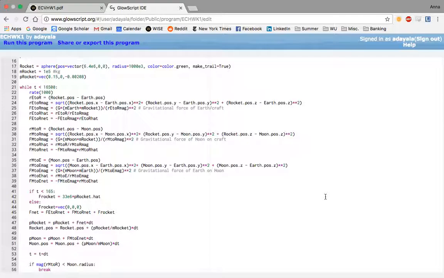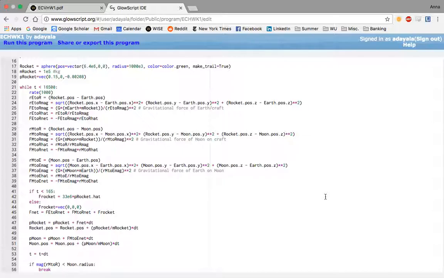And so to start my while loop, I had to first establish the three main forces that I'm going to be using. Since we are not on the surface of the Earth, we're not going to be using any kind of 9.8 gravitational acceleration. Instead, I'm going to be using the extended version of gravity.